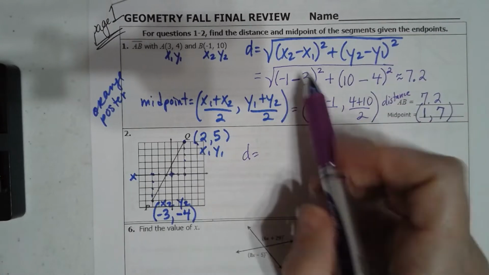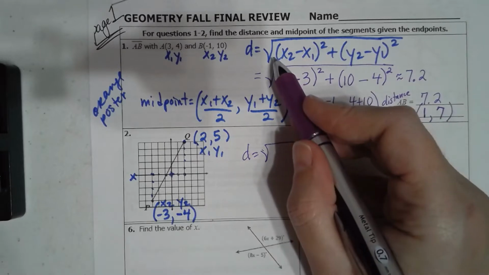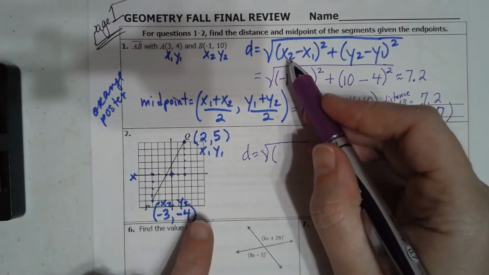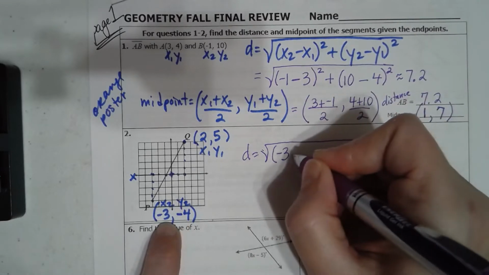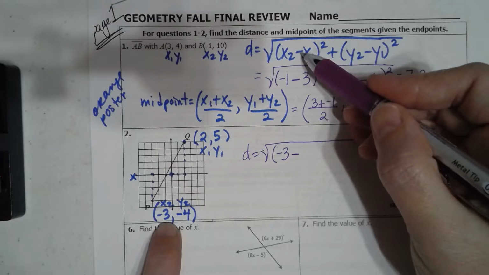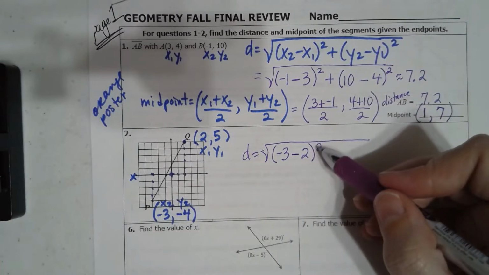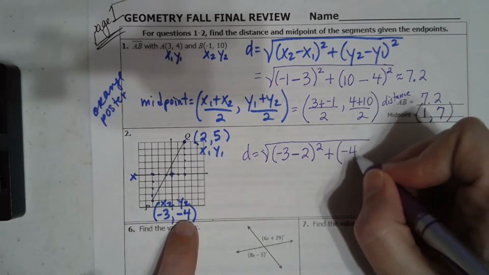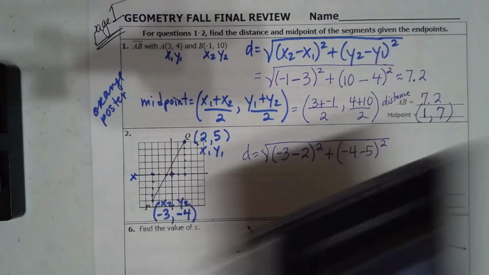So I'm going to plug into this formula right here. We have our big old square root, and then a parenthesis, and we take whatever x2 is. We said x2 is right here at -3, a subtraction sign between them, x1 is +2, close and square, plus the same thing with the y values, -4 take away 5, close that.